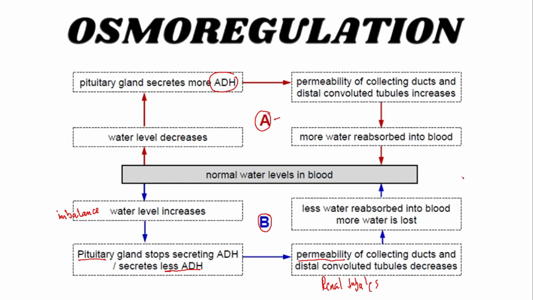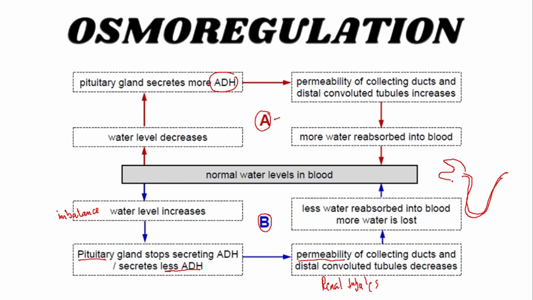Remember, we have the nephron structure from last year, in grade 11. We have the distal convoluted tubule and the proximal convoluted tubule. Proximal means that it's close to the nephron, and we also have the Bowman's capsule.